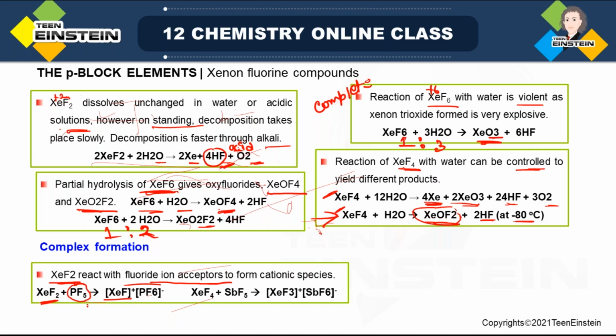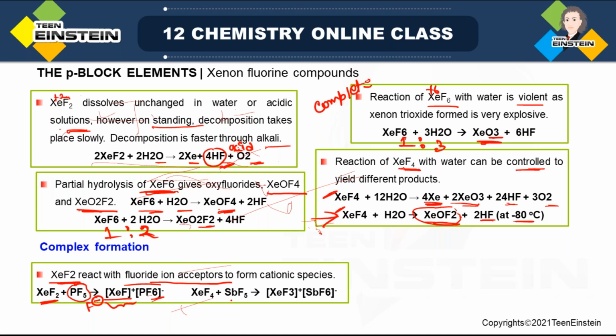As PF5 accepts one F-, it becomes PF6-. So overall this molecule is neutral, but it is ionic: the cationic part is XeF+ because it has lost F-, and the anionic part is PF6- because it has gained F-.